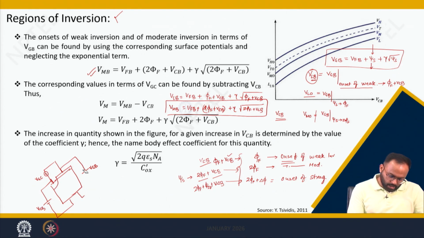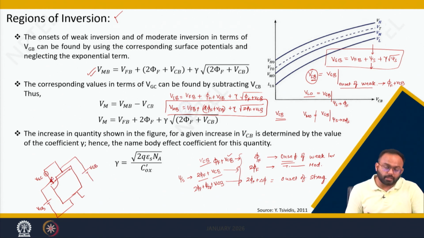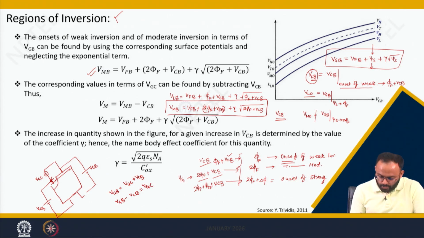This notation gives you the gate voltage with respect to the C terminal, correct? So VGB is equal to VGC plus VCB. If I subtract VCB from the values of VGB, I will get all the values in reference to C. That is what we are going to do here.